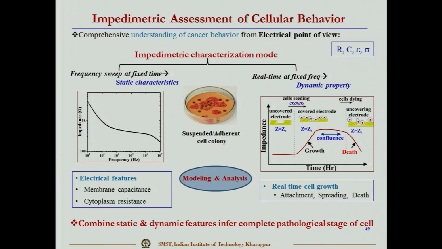As the cells are now separated out, we can collect them in a miniature version of a petri dish, and you can go for the impedance study. And there you will get some impedance signal, because bioimpedance is a very old subject, more than 100 or 150 years old.